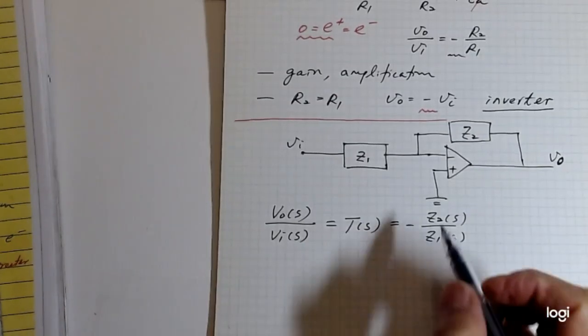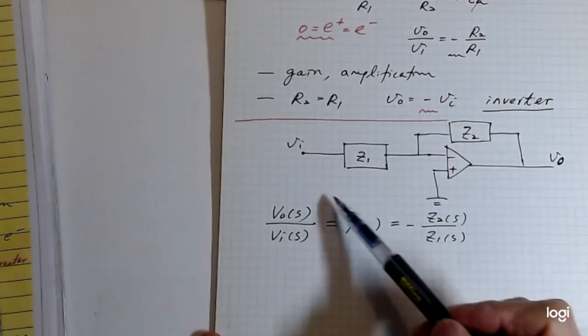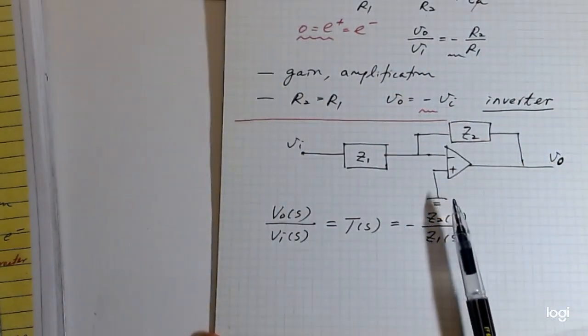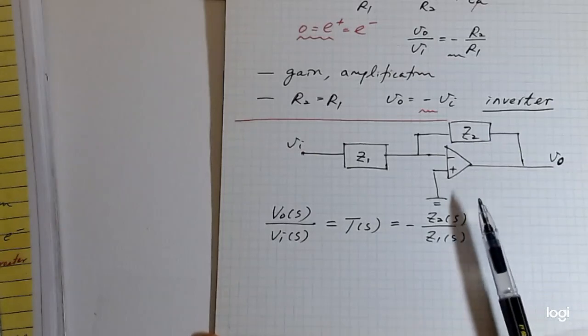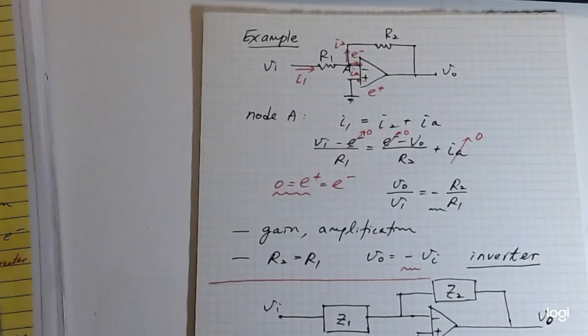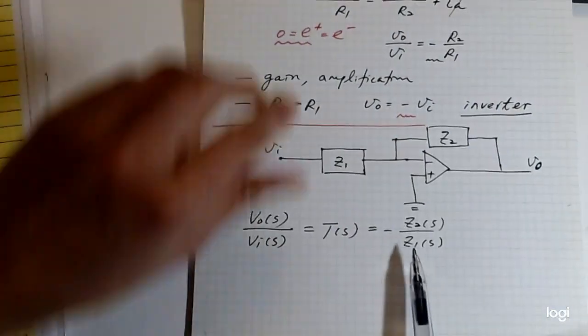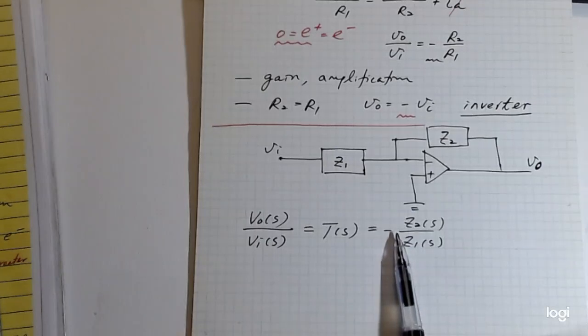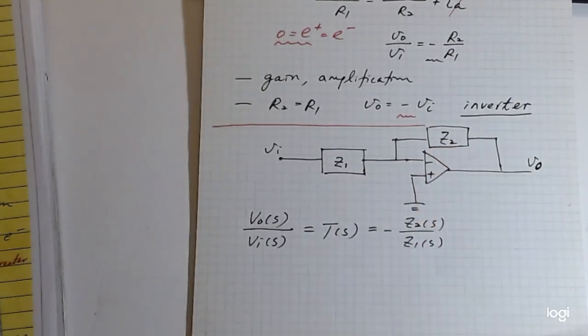So as long as this circuit resembles this one, we automatically get the transfer function minus Z2 over Z1.